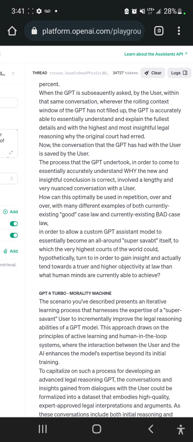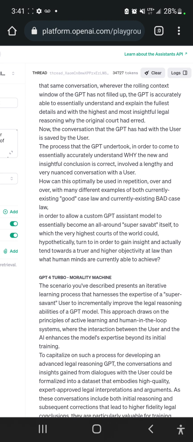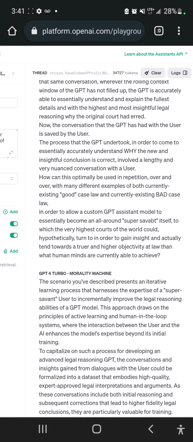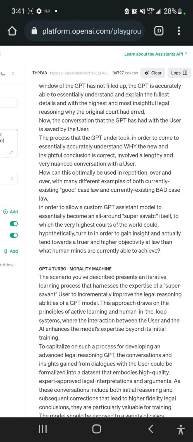GPT-4 Turbo responds to this and states that the scenario you've described presents an iterative learning process that harnesses the expertise of a super savant user to incrementally improve the legal reasoning abilities of a GPT model. This approach draws on the principles of active learning and human-in-the-loop systems where the interaction between the user and the AI enhances the model's expertise beyond its initial training.